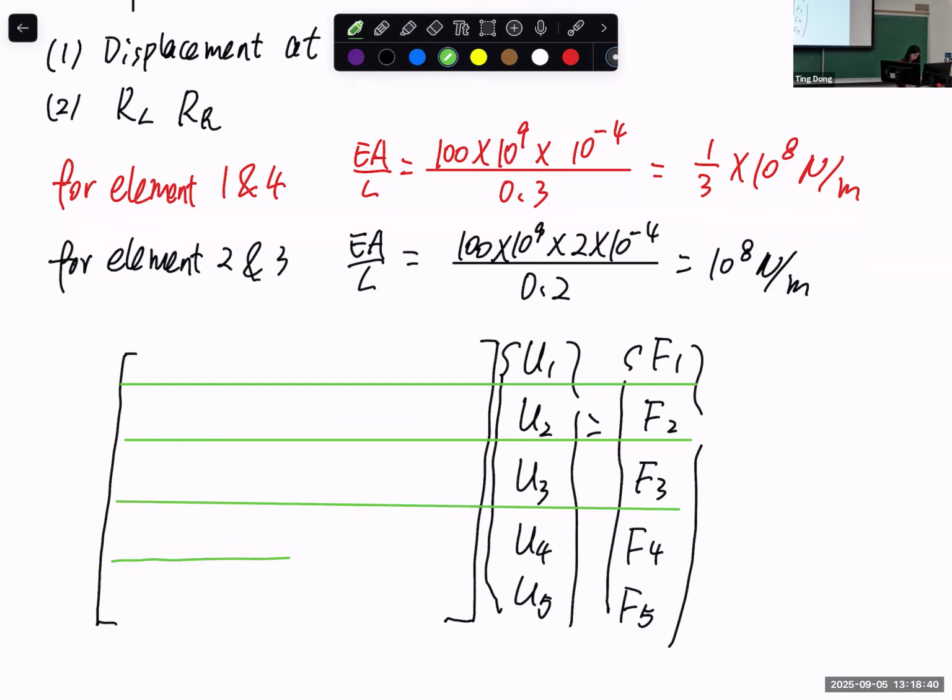To make it easier for you to see, let's put it into a different box. So I also put the column index here. This is U1, U2, U3, U4, U5.